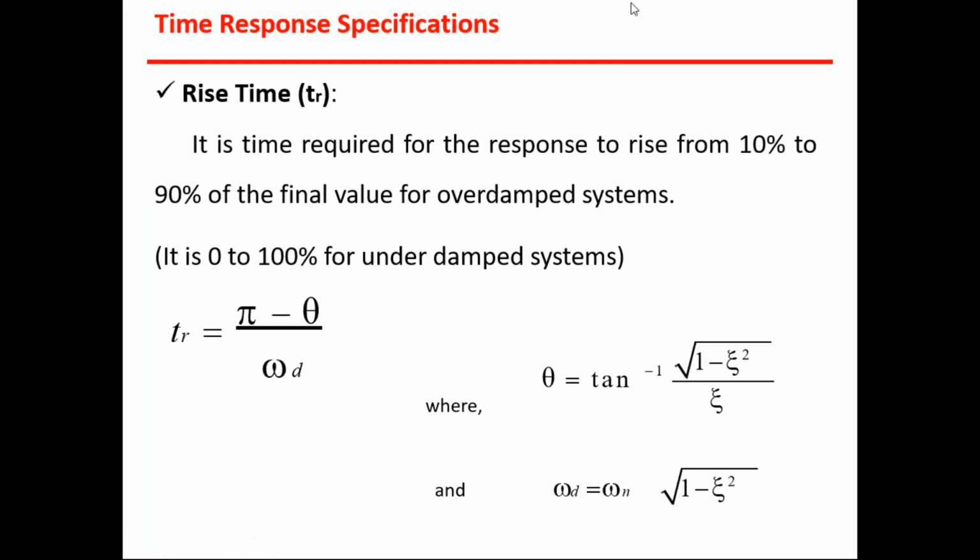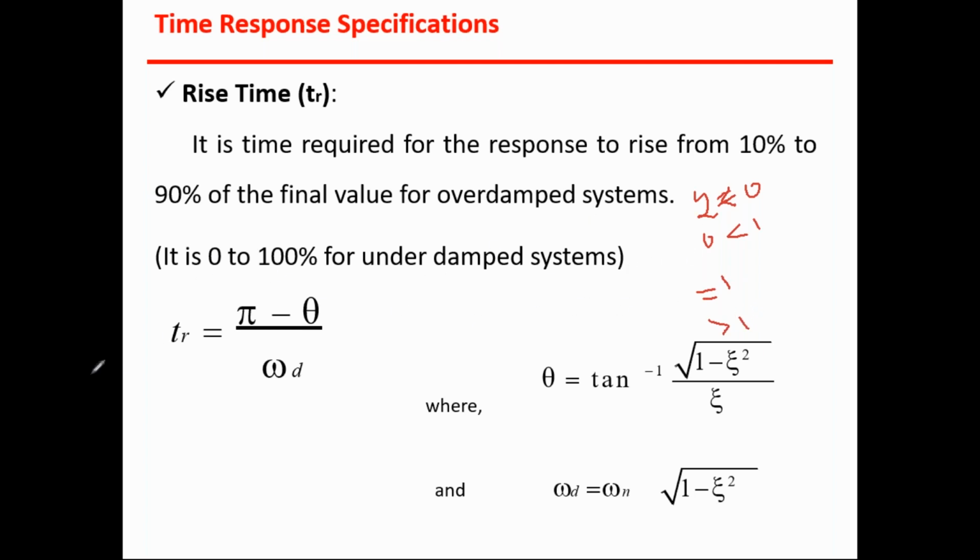Now, if zeta is equal to 0, then it is an undamped system. Okay, when it lies between 0 and 1, that is an under damped system. If it is equal to 1, that is critically damped, and greater than 1, that is an over damped system. Okay, it is clearly said.